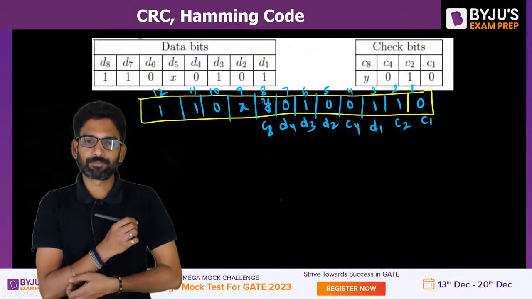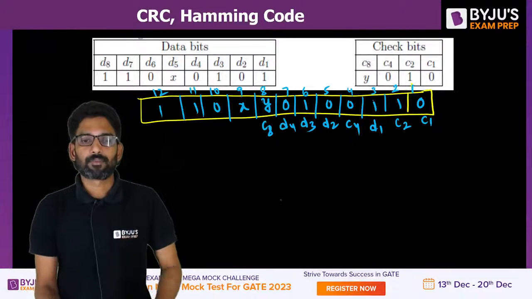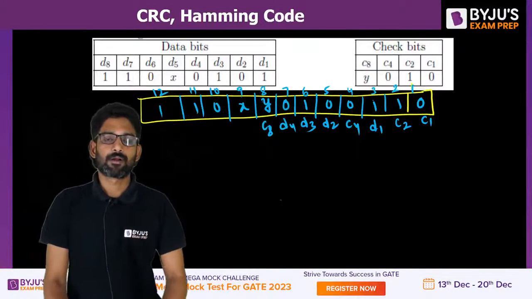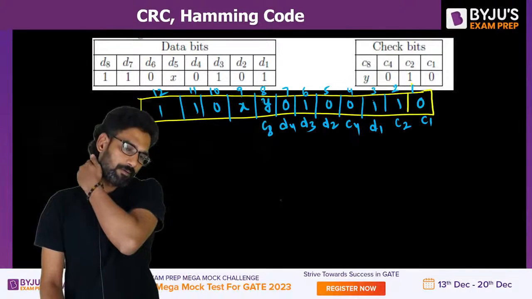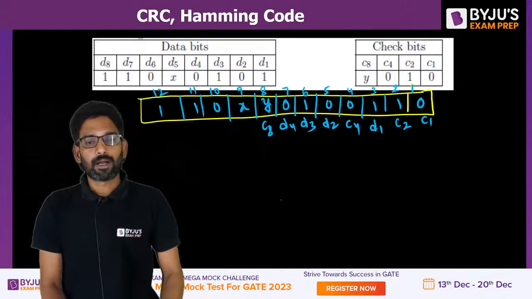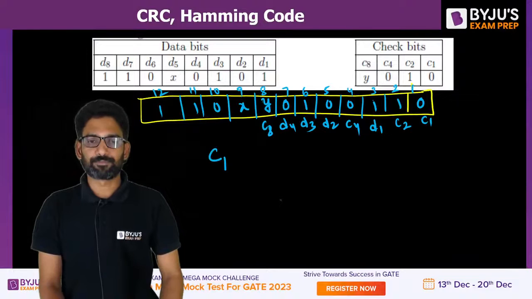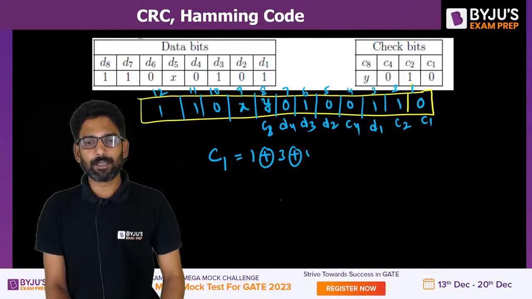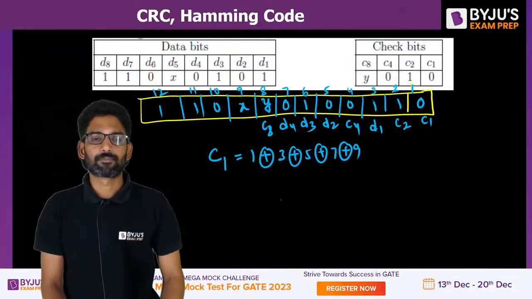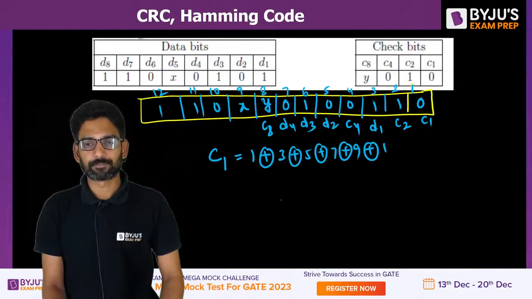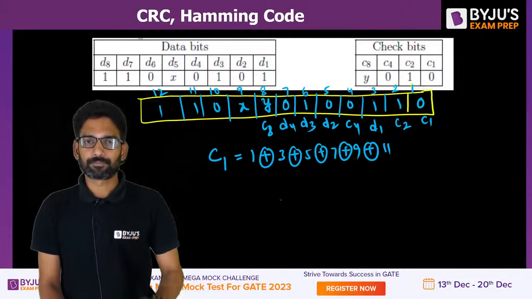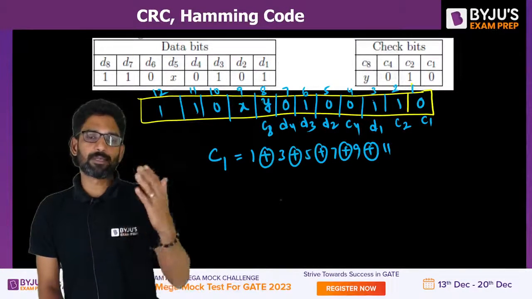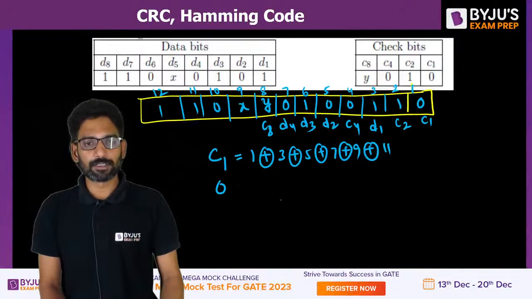Now, I got C1 as a 0. So, C1 is the XOR of positions 1, 3, 5, 7, 9 and 11. Right? Check 1, skip 1. Check 1, skip 1. So, C1 we got 0.